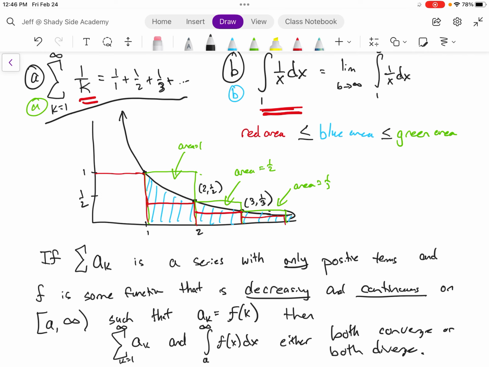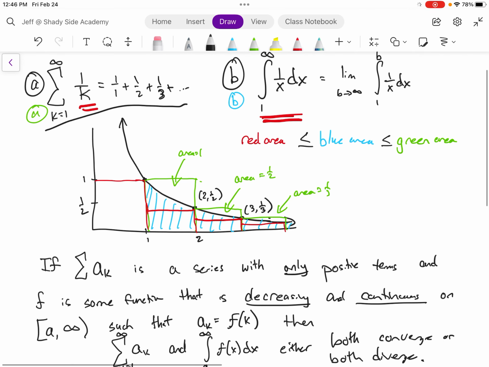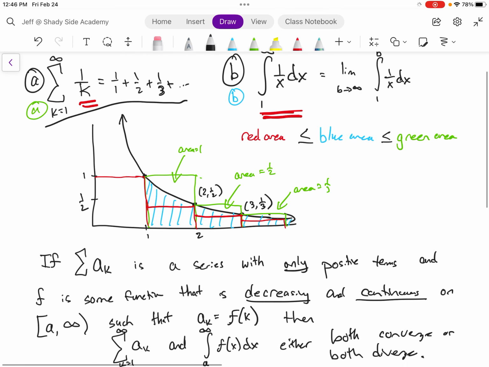Because now we can look at something that looks somewhat scary, and we can use an improper integral, like the unit we just finished, to decide whether it converges or diverges. All we have to do is match the sequence, or the series, to a function. And that turns out to be kind of easy, because all we need to do is write a rule for this guy.